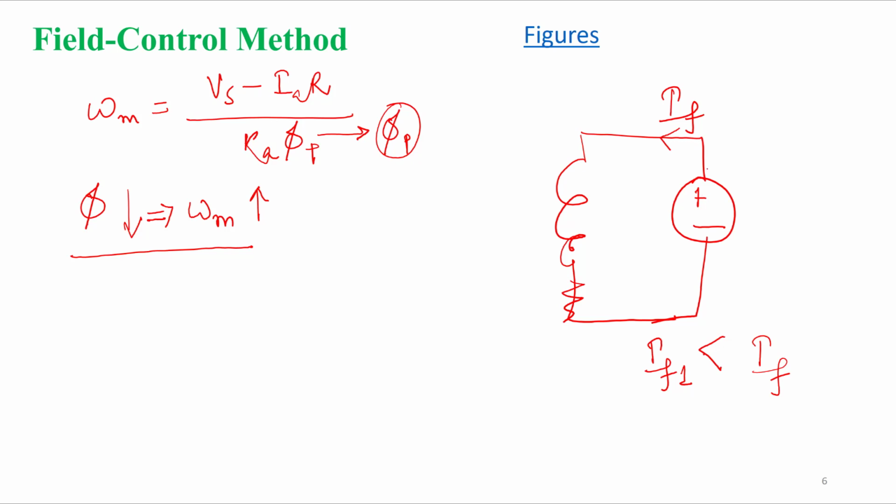Therefore, without the control resistance, it gives the rated speed, and as soon as we insert a resistor, the speed becomes more than the rated speed. Only by the field control method do we achieve a speed above the rated speed. So if we want to control the speed above the rated speed, we use the field control method. It is not used for speed control below the rated speed.